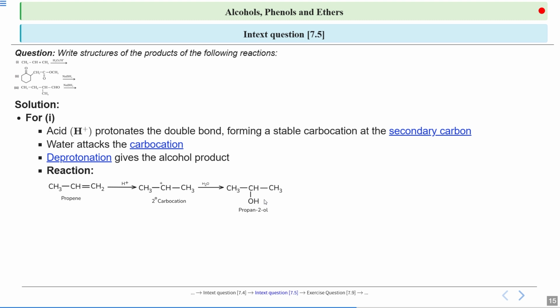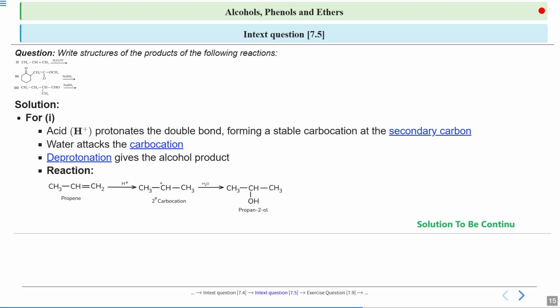So this was the first case, that propene, when your acid protonates the double bond, it forms a stable carbocation at the secondary carbon. And then when this water sees this positive charge on this carbon, this water will attack and get attached to this carbon. So oxygen will have a positive charge. So again, this water will attack and deprotonation will give you the final alcohol product.